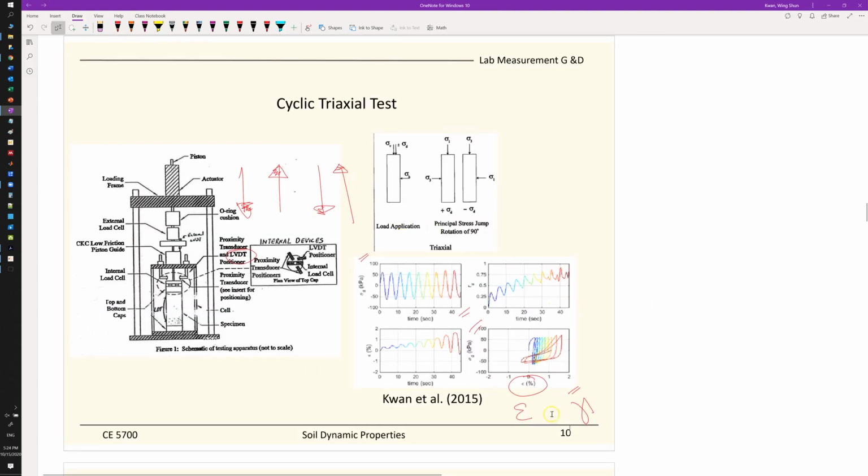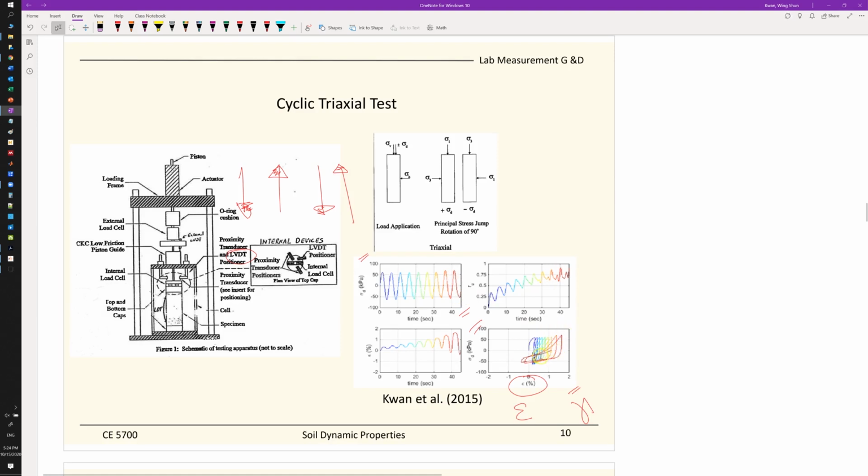Those tests are part of my work in grad school, and this is a couple of loading cycles right there. The blue one is the very first one. So the very first hysteresis loop is inside over there, and the last loading cycle when we go to failure is the red one.